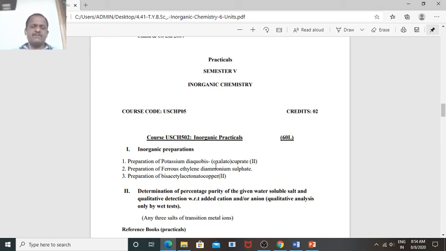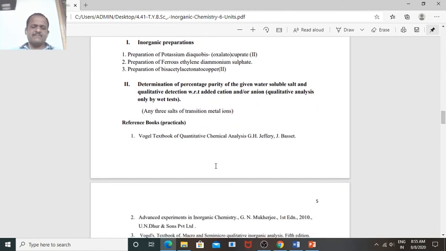In inorganic preparation, we study 3 preparations: potassium diaquabis oxalato cuprate, ferrous ethylene diammonium sulfate, and bis acetylacetonato copper. And we study 3 important mixtures or salts of transition metal ions, and we determine the percentage purity of that particular ion in the solution mixture. So these are the reference books for practicals.